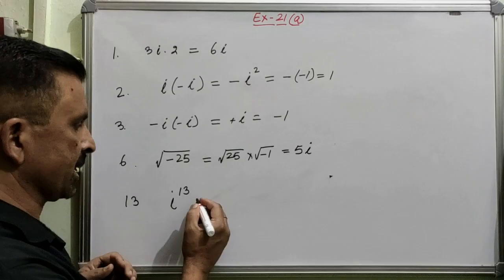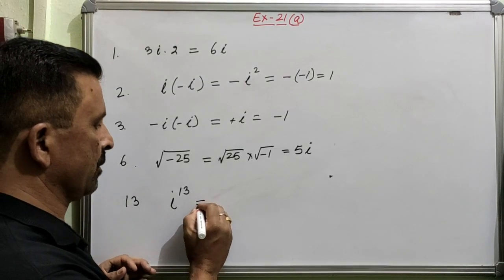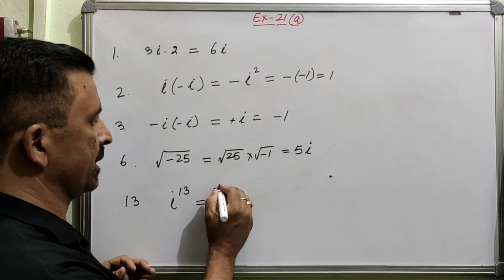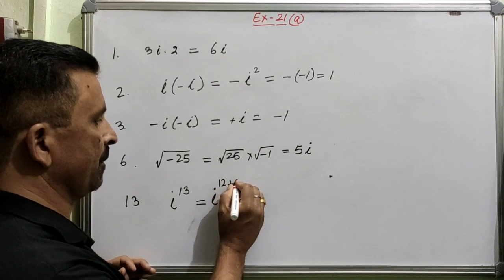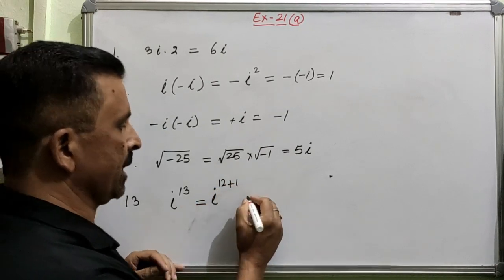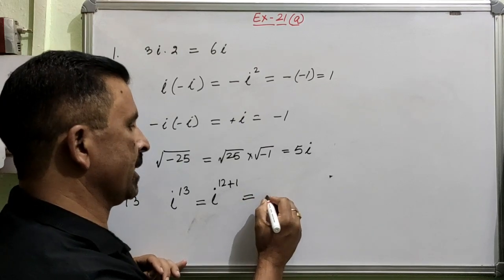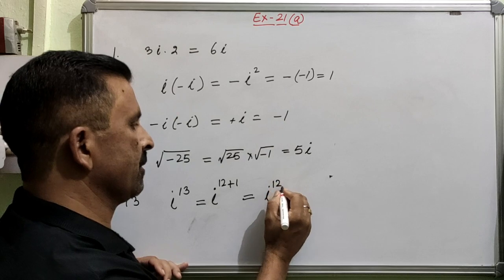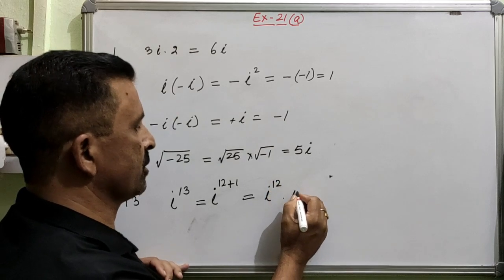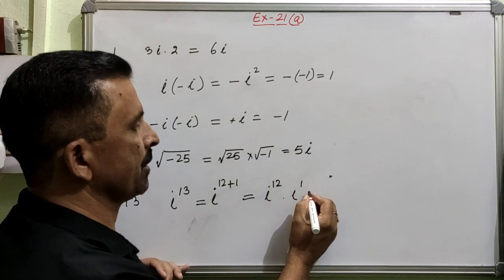This is i to the power 13. We can break down this power as 12 plus 1, right? And then we can use the reverse of the product law, where we can write this as i to the power 12 times i to the power 1, right?